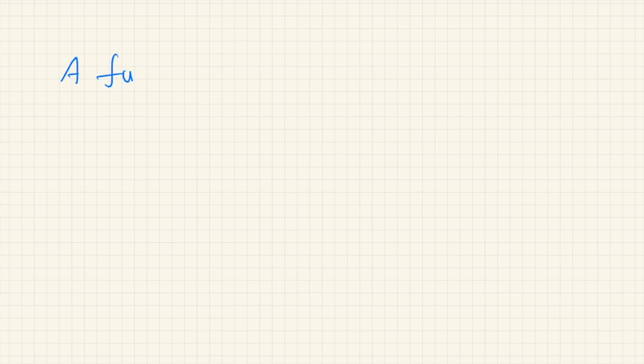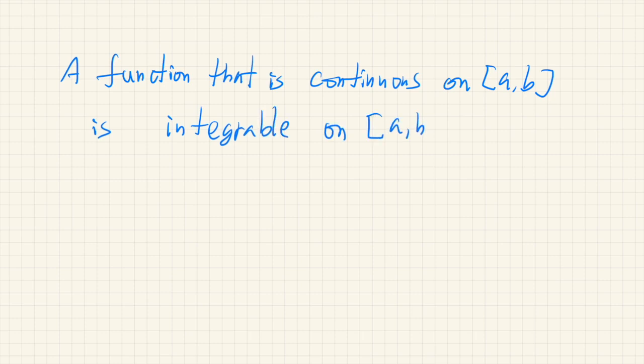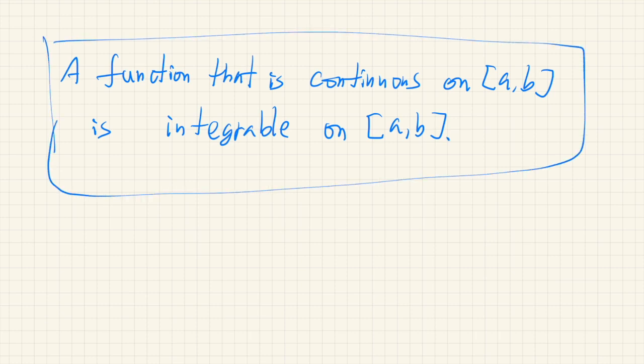A function that is continuous on a closed interval between a and b is, of course, Riemann integrable on the same closed interval. I don't give the proof for this theorem in this video, but hopefully I will give it in another video. For a while, you can use this theorem almost like an axiom of Riemann integral theory.